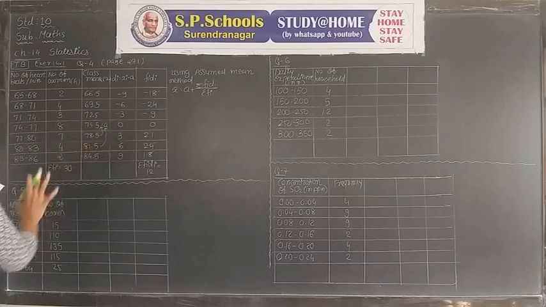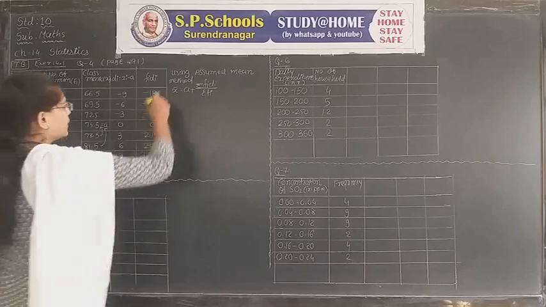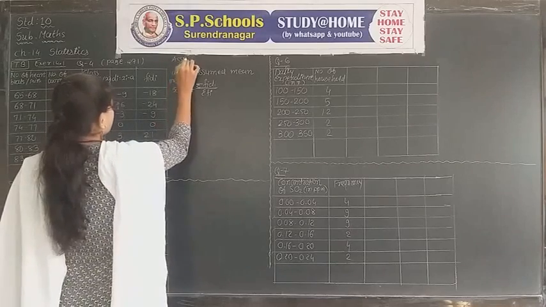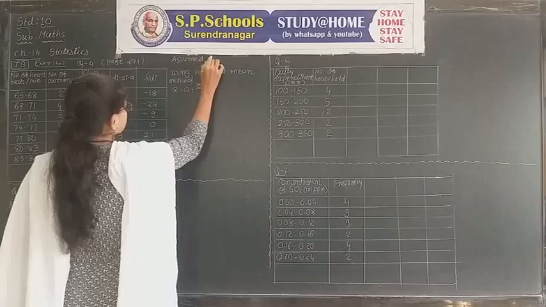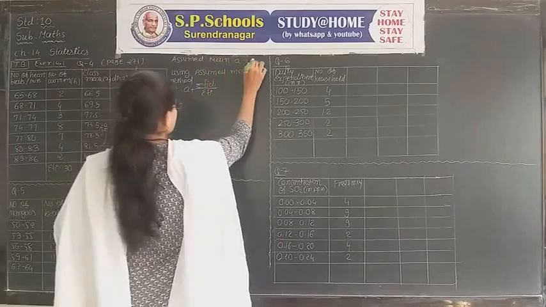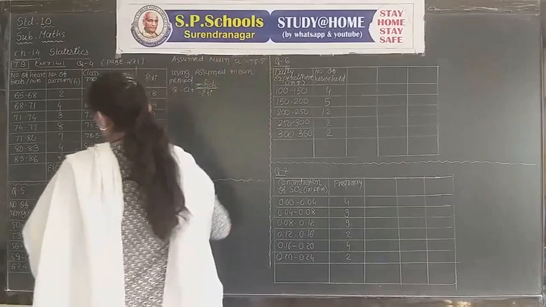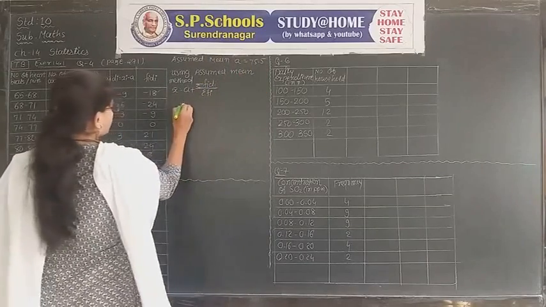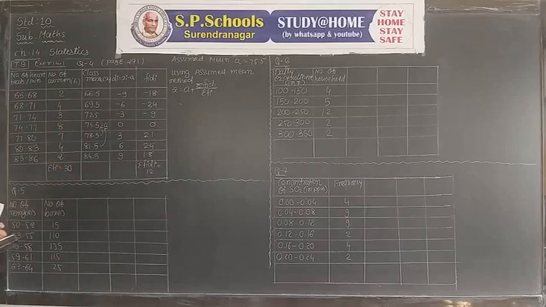Now the table is completed using the assumed mean method. First of all, we have to take one assumed mean. Assumed mean a is equal to 75.5 here. Now we substitute the values in our formula.